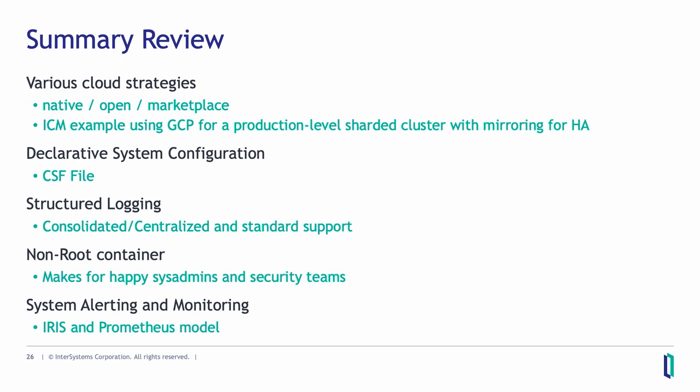We talked about structured logging to provide support for leveraging consolidated tools, like Splunk, for example. We went into the new root, non-root container, starting with 19.3. And I dove, again, maybe a little too deep, into SAM and the integration of IRIS with Prometheus.